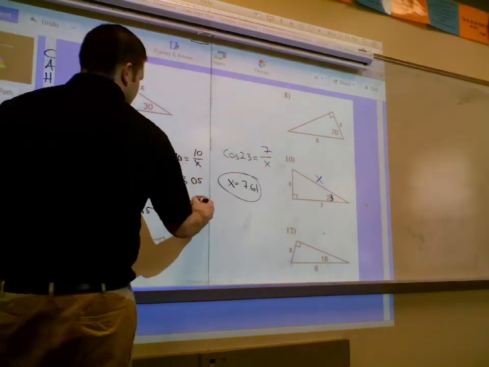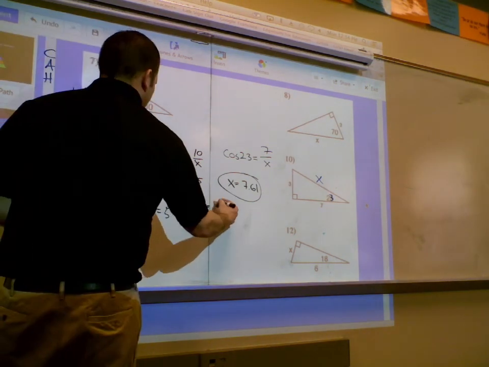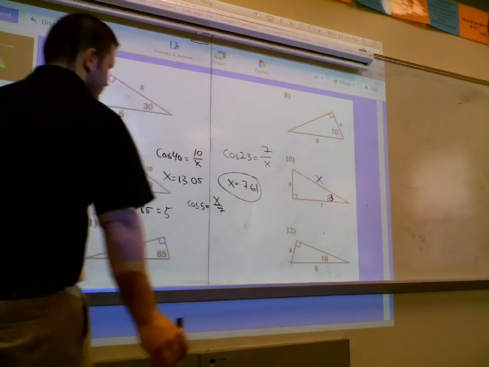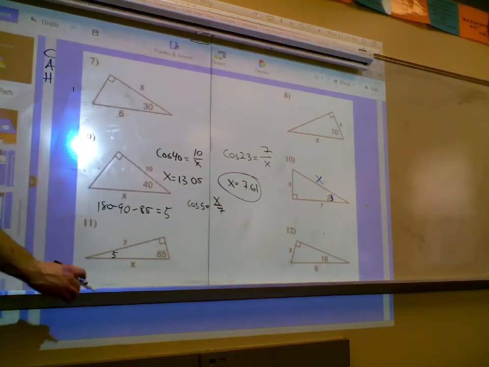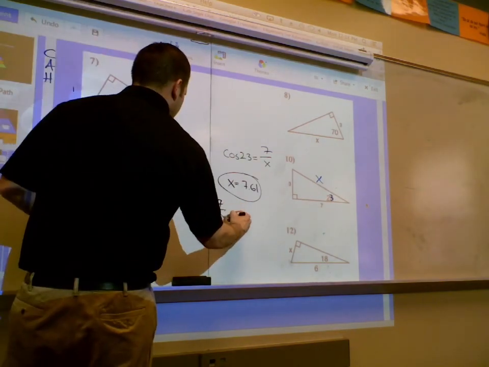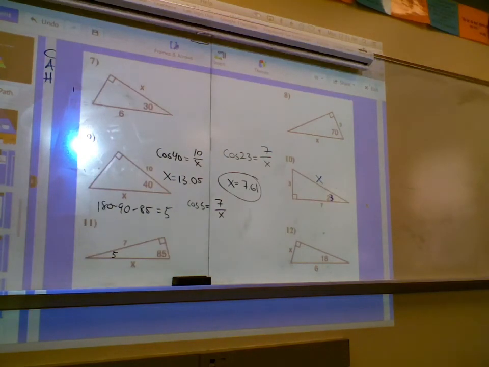So what that means is the cosine of 5 equals x over 7. No, I did it backwards. Wow. 7 over x. Thank you, Long. What's cosine of 5? 0.996.